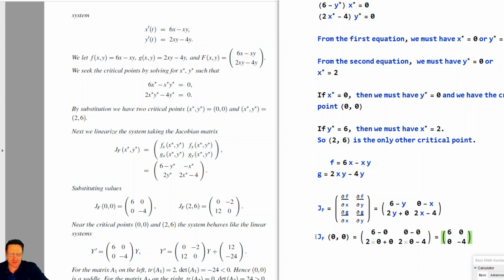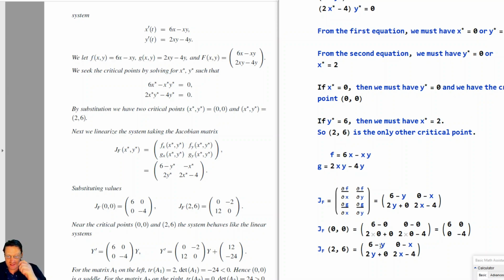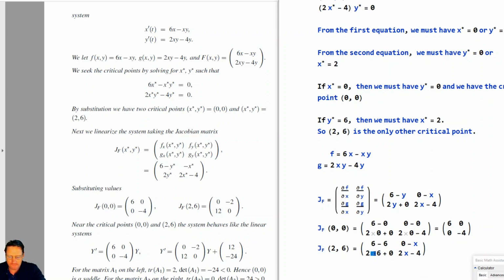All right, now let's do the other one. So the Jacobian matrix at the critical point 2, 6 would have a sub in 2 and 6, so 6 for y and 2 for x.